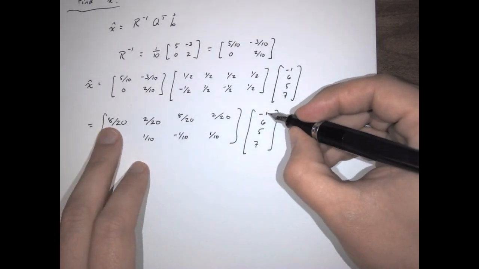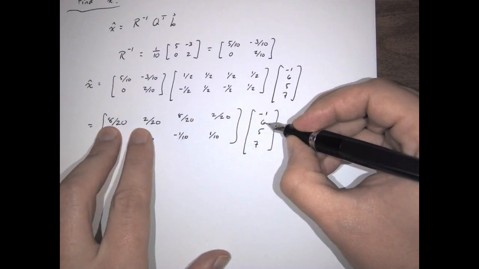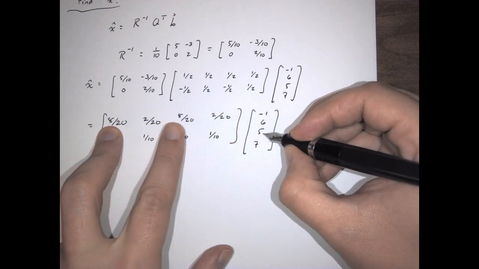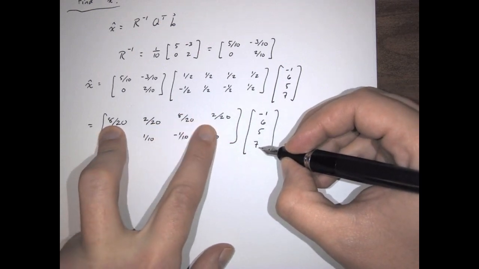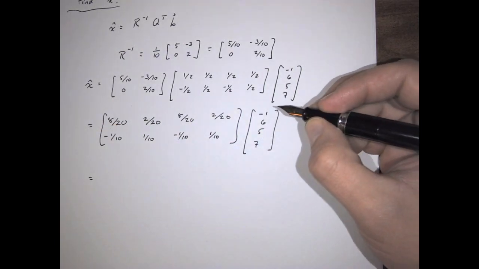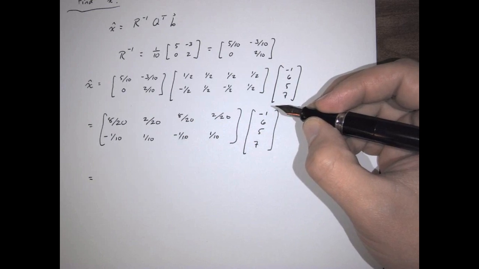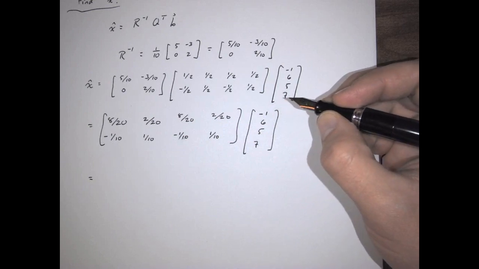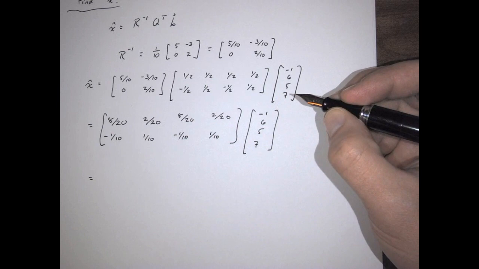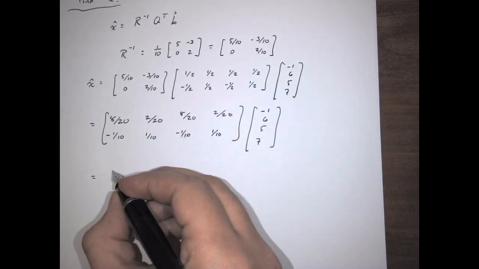So for the first one, just looking at the numerators, -8 plus 12 plus 40 plus 14. So -8 plus 12 is 4, plus 40 is 44, plus 14 is 58.